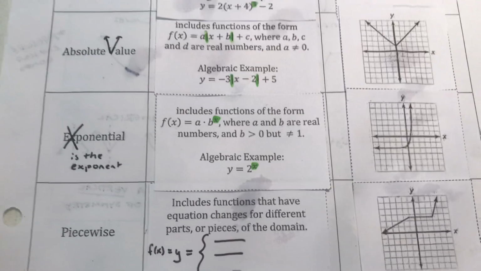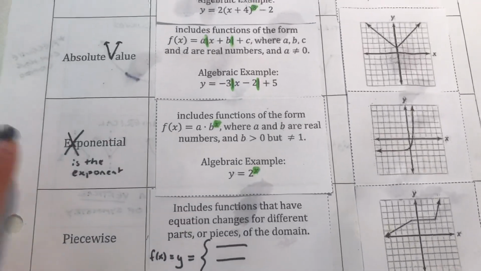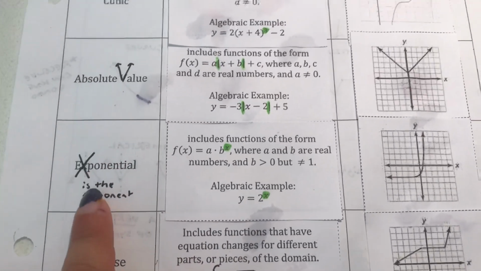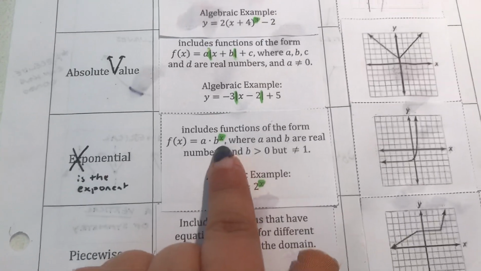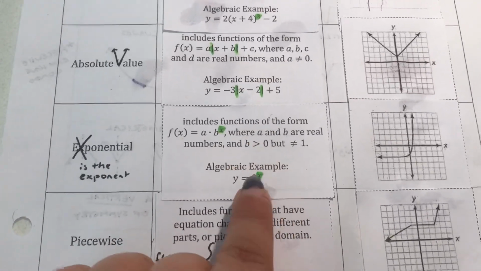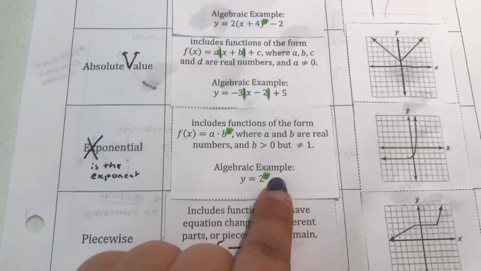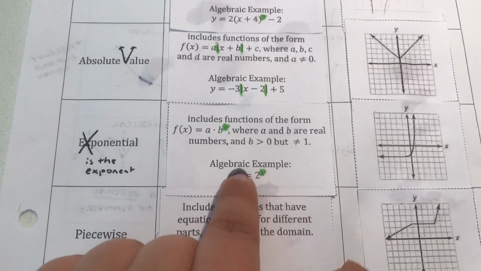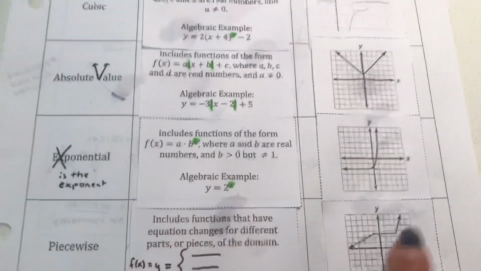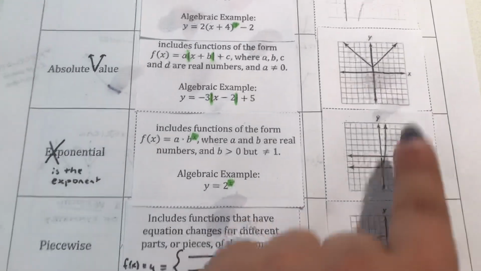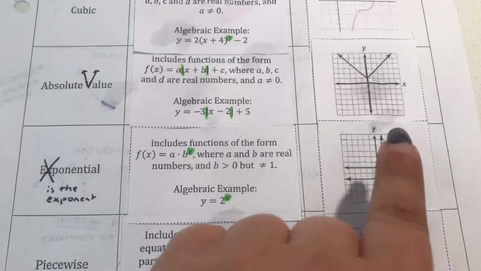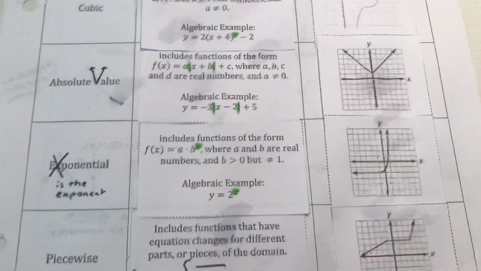Exponential. Exponential is characterized by having an x as the exponent. So if you see a number to the x power, you know that equation is exponential. It will form a graph that's sort of a half U. It might increase, it might decrease.